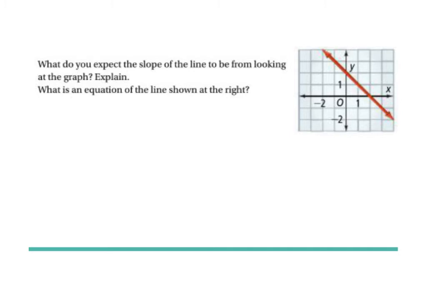It's going down. So what do we know about the slope? That it's going to be negative. Very good, Angelina, the slope is going to be negative, because our graph is going down. Okay? So now let's come up with an equation for this one.